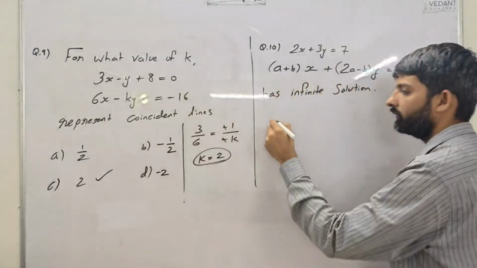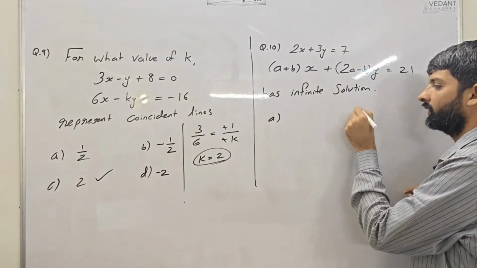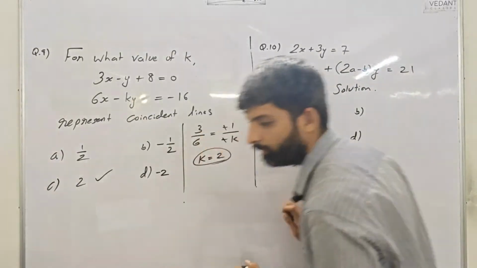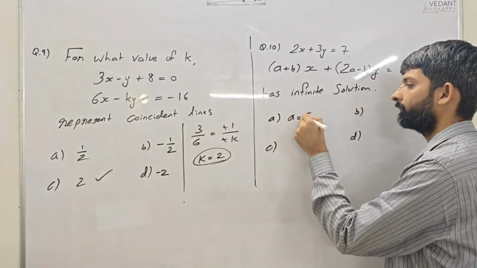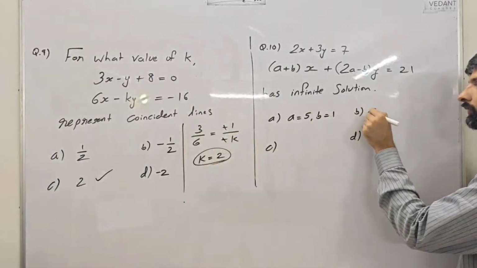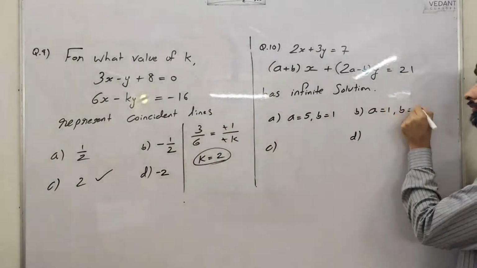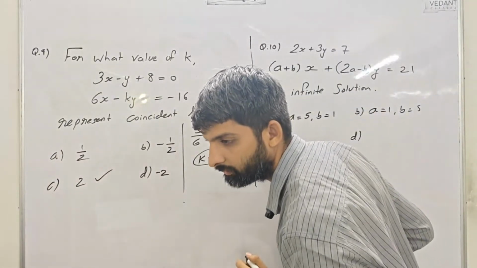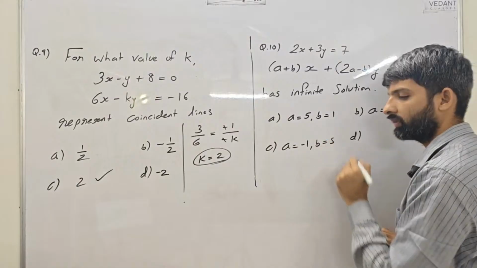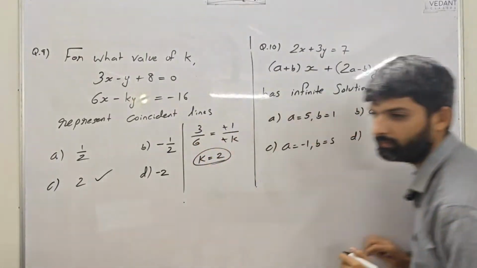Then what is the value of a and b? Option A: a equal to 5, b equal to 1. Option B: a equal to 1, b equal to 5. Option C: minus 1, 5, and option D: 3, 1.